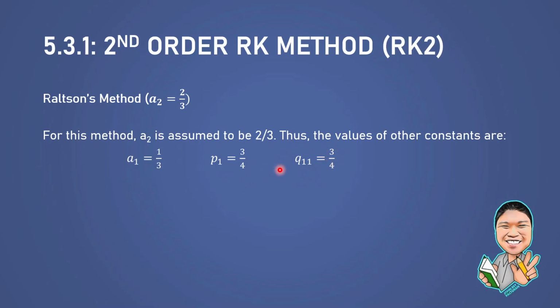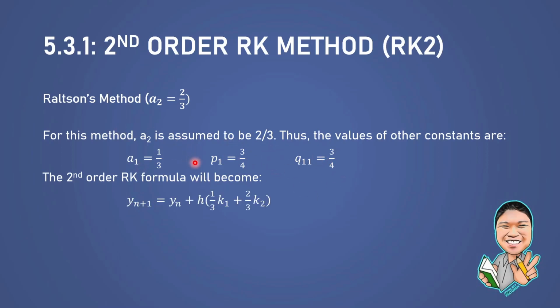So the new form of our second order RK formula is this: y sub n plus 1 is equal to y sub n plus h, the quantity 1/3 k1 plus 2/3 k2. Where, of course, k sub 1 is equal to f of x sub n, y sub n, and k sub 2 is equal to f of x sub n plus 3/4 h, y sub n plus 3/4 k1 h.